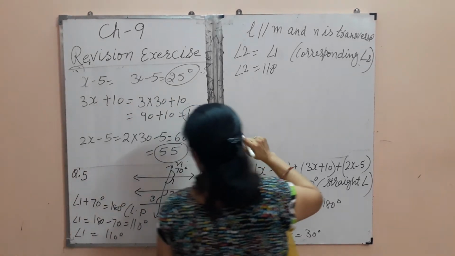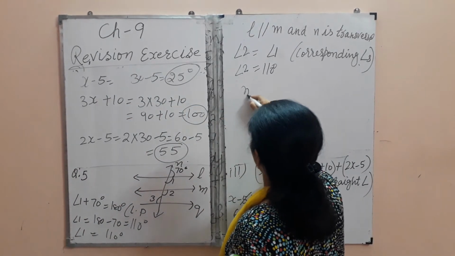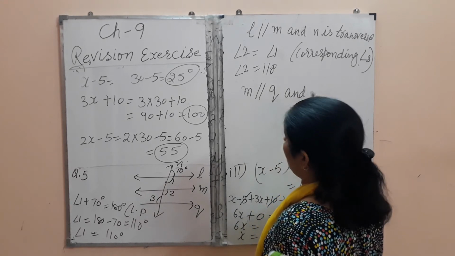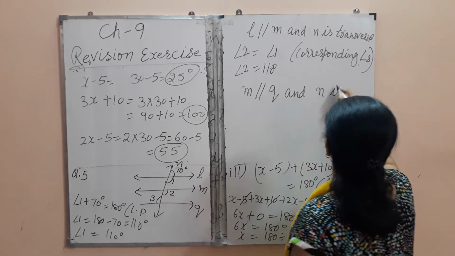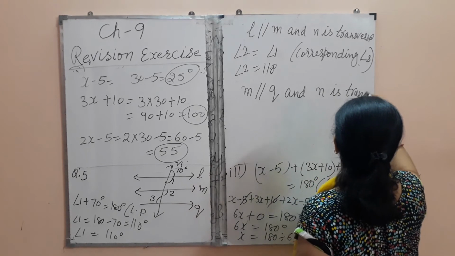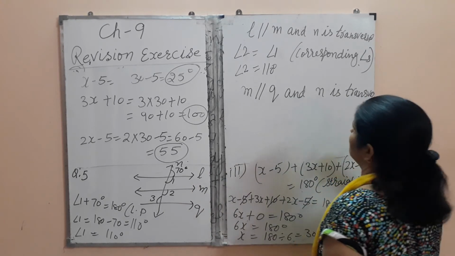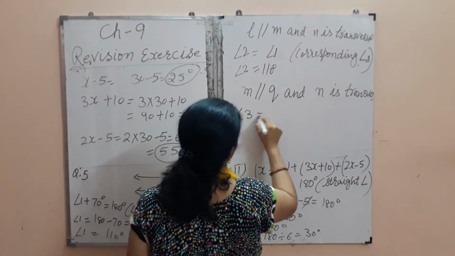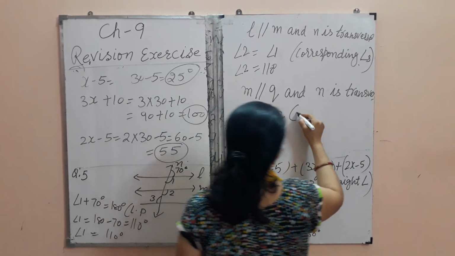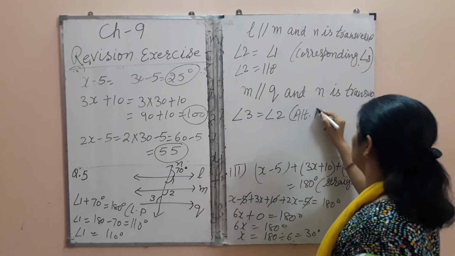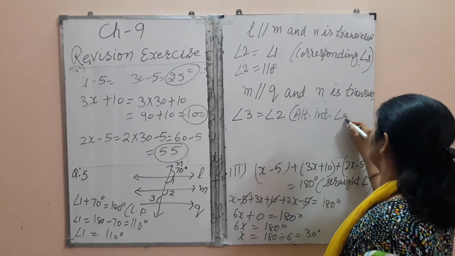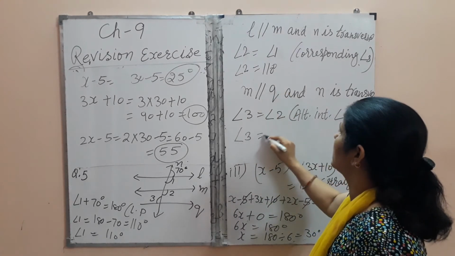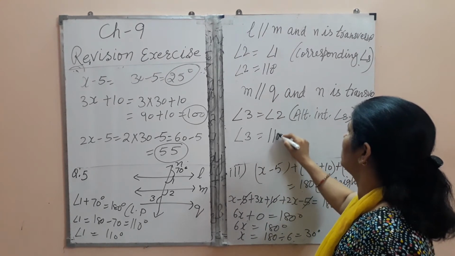So in this, M parallel to Q and N is transversal. So angle 3 equals angle 2, alternate interior angles. Angle 2 is 110, so angle 3 will also be 110.